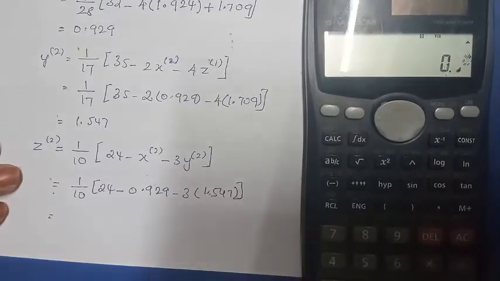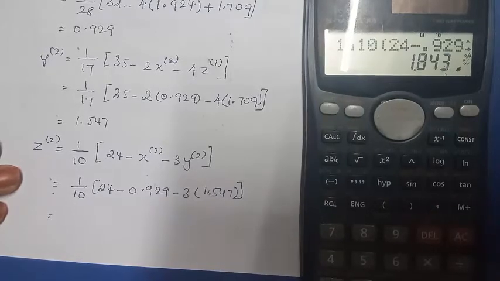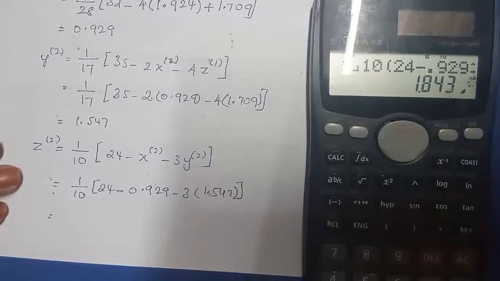In the calculator you can get the value: 1 by 10, open the bracket, 24 minus 0.929 minus 3 into 1.547, close the bracket. The answer is 1.843.